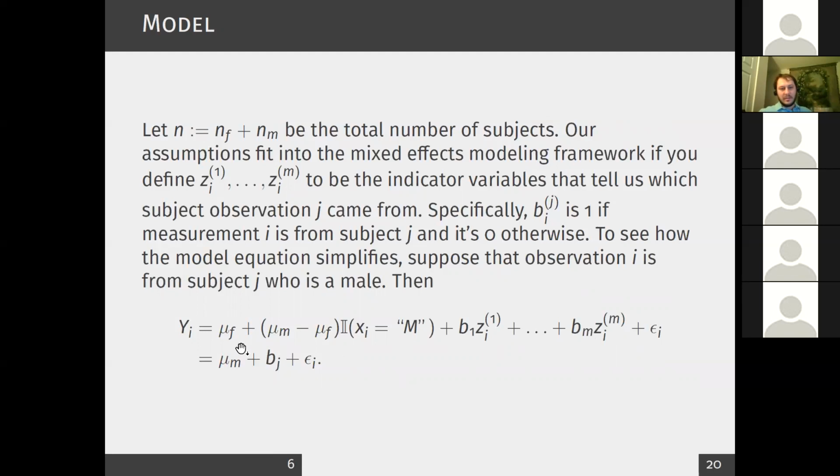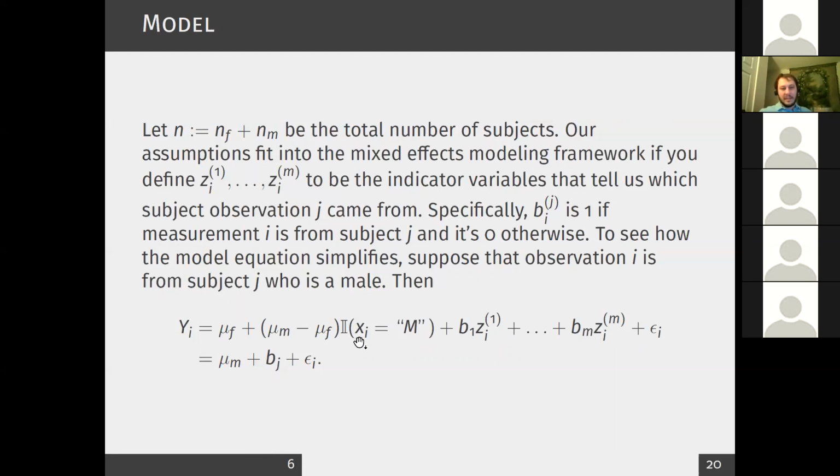So what does that look like? Here's the ordinary linear model where the intercept is the female expected blood pressure. This coefficient is really the difference in male and female expected blood pressures. There's an indicator variable.